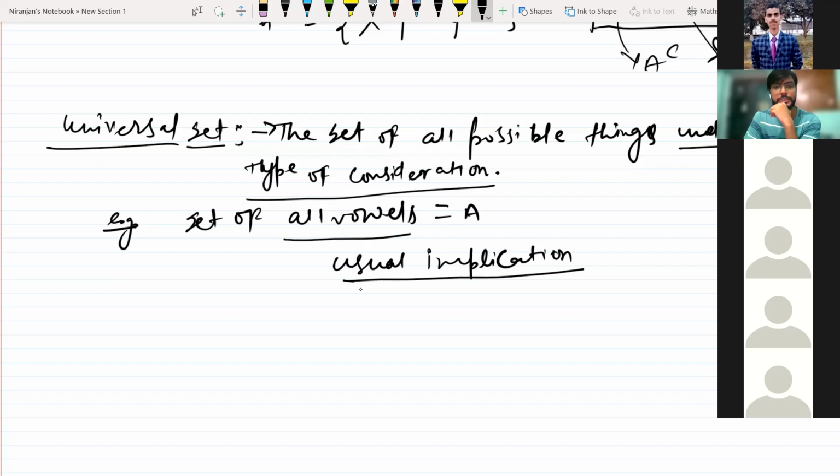Anyways, what is the usual implication of the set of vowels that I said? You think of the English alphabet. So now you understood why I wrote under the type of consideration. Guys, understood it?